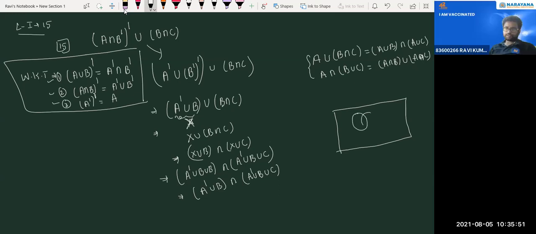A, B, C. A complement means A will not be there, but it must be union with B. Union with B means this total part will come.